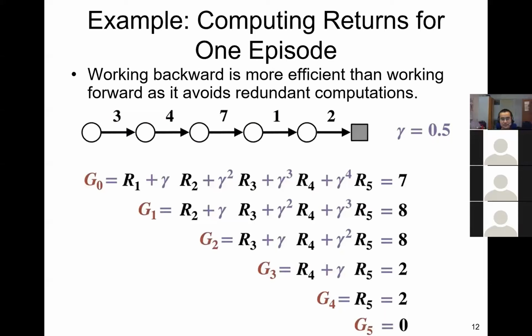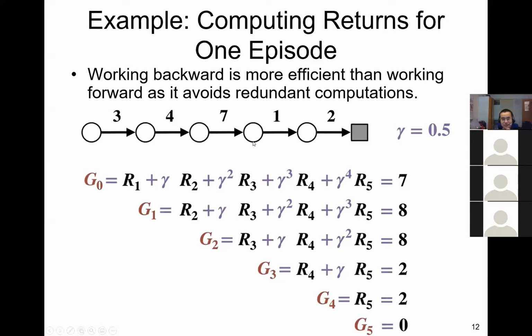Oh, okay. The edges are labeled with the rewards on every transition. So okay, the last one is 5. G5 is 0. The next one is G4. It's reward 2. That's the only reward of 2.